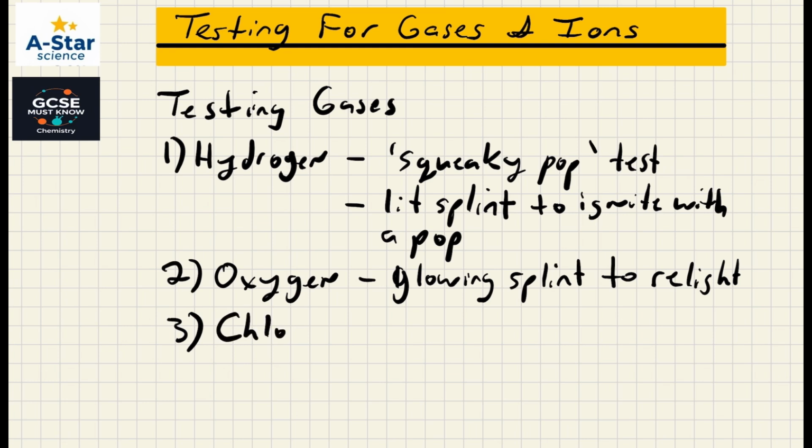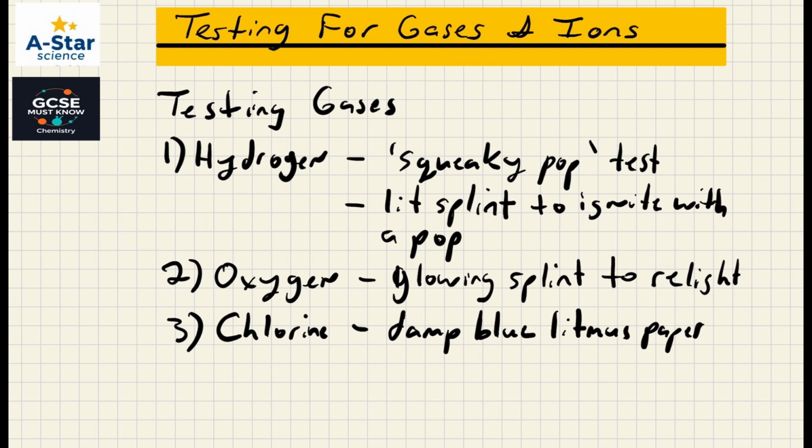The third test that you need to know is the test for chlorine gas. Remember, all of these are tests for some common gases, and we're going to use damp blue litmus paper. Litmus paper is just a pH paper. You have blue and red.